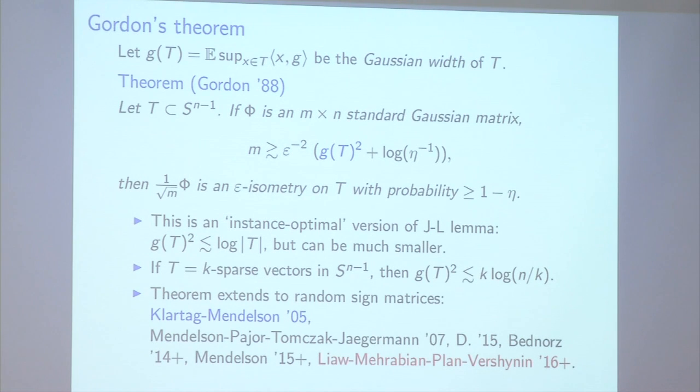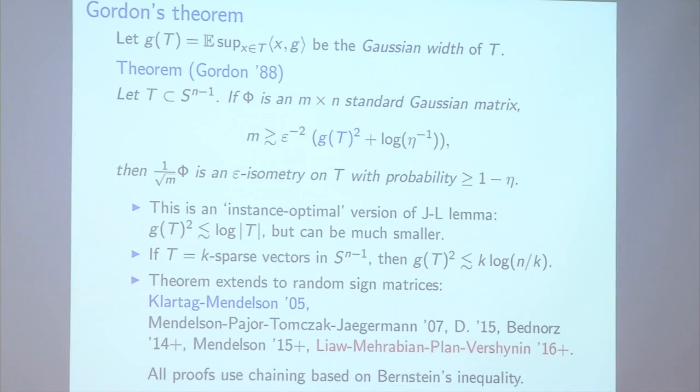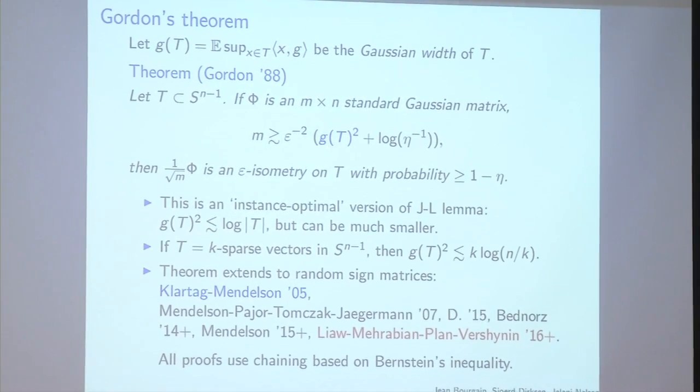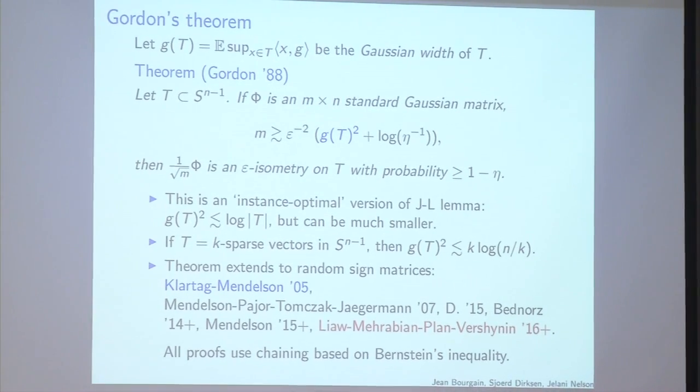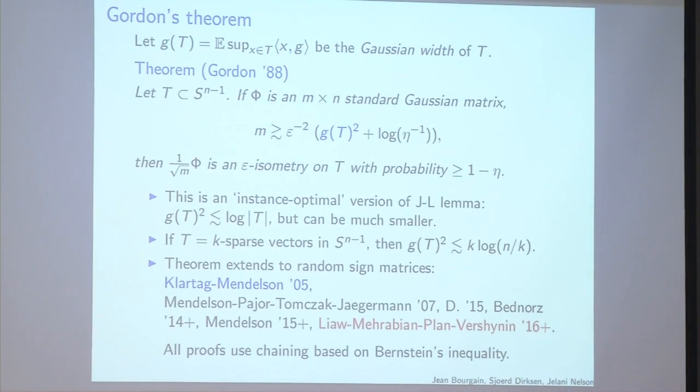Because what we will see is that actually all these proofs are based on chaining, based on Bernstein's inequality. And the result that you actually get is the same bound, but not with the squared Gaussian width, but with the squared gamma-2 functional of T. Now, however, we have already seen in the first talk that this is equivalent to the squared Gaussian width. This is the majorizing measures theorem.